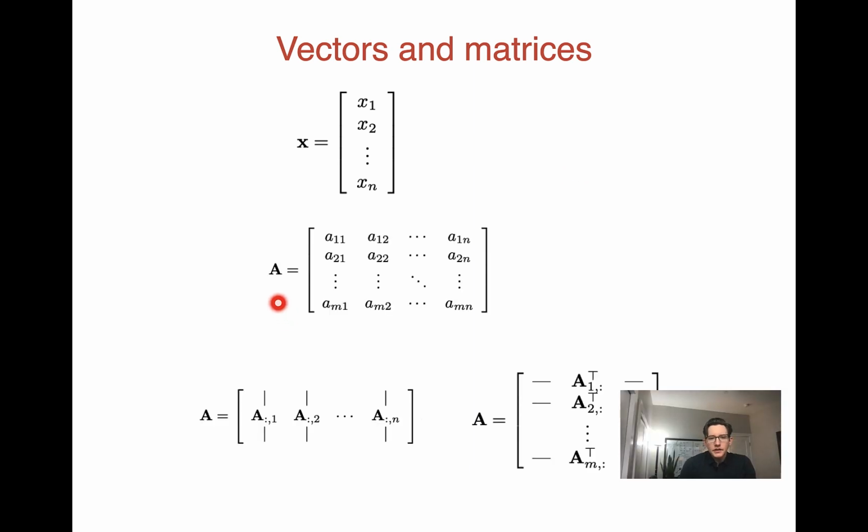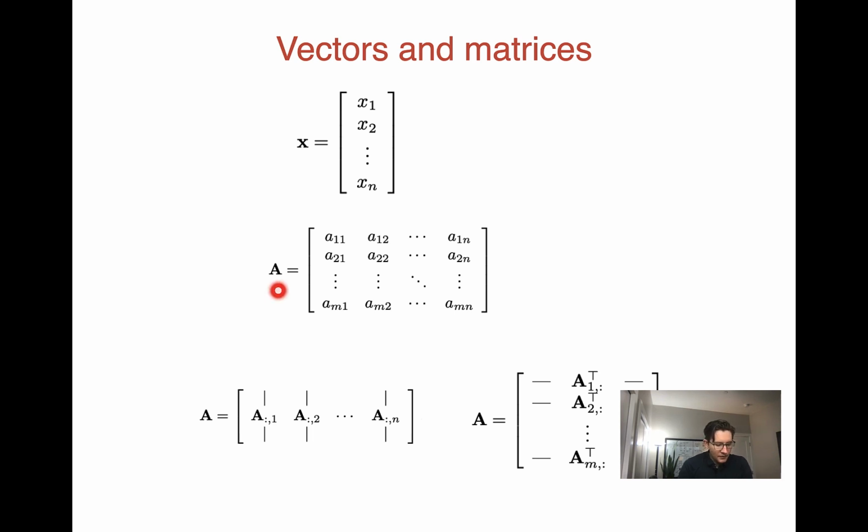A matrix is a set of m times n numbers arranged in a table. Again, we're using here bold notation, and we're using a bold capital letter to indicate a matrix. Note that in this course we also use capital letters to indicate random variables.